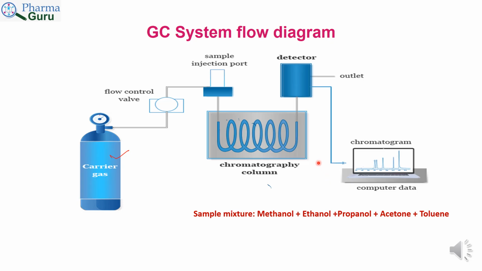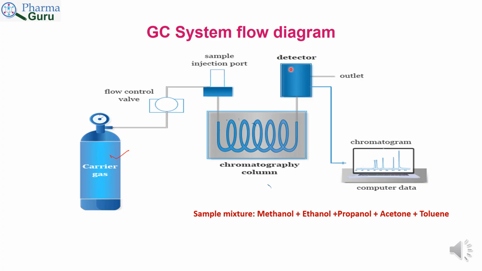Then after, propanol elutes and goes in the detector. Detector detects it and converts it into the signal of propanol and sends that signal to data processor, and data processor converts it to peak of propanol. Then after, acetone comes out from the GC column and goes in the detector.